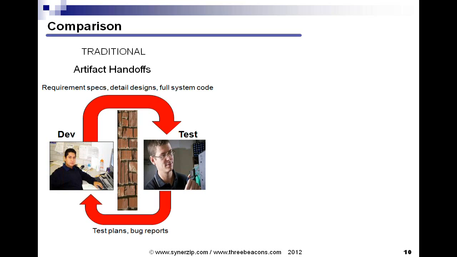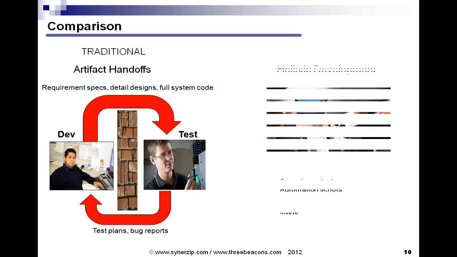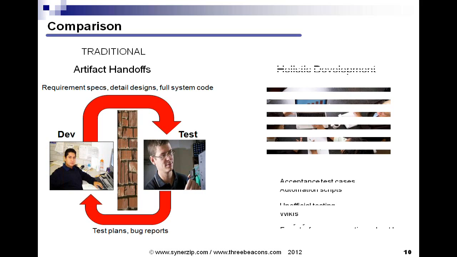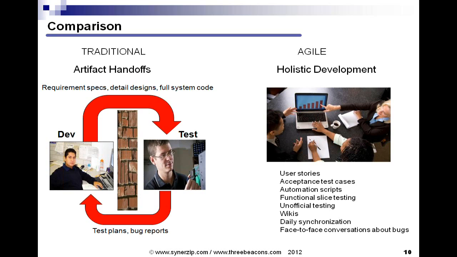In Agile, we have a much more holistic development approach where QA and developers work on user stories, defining acceptance and automating acceptance test cases.